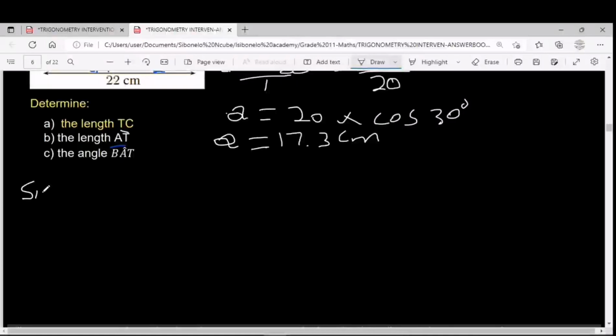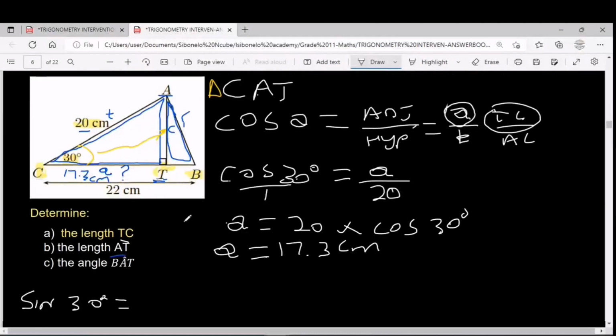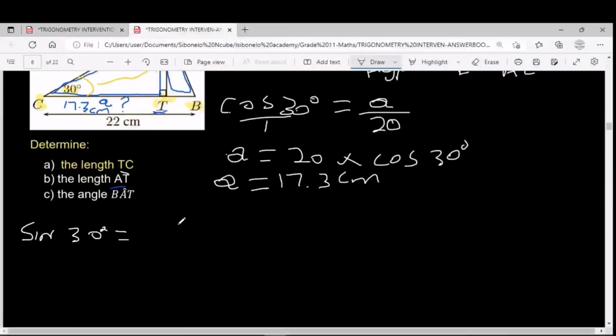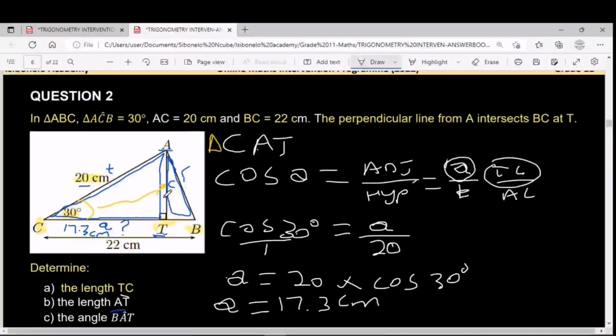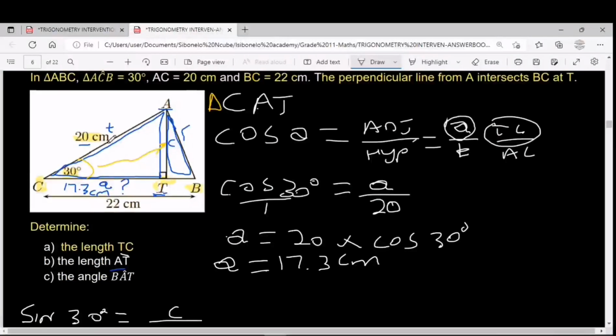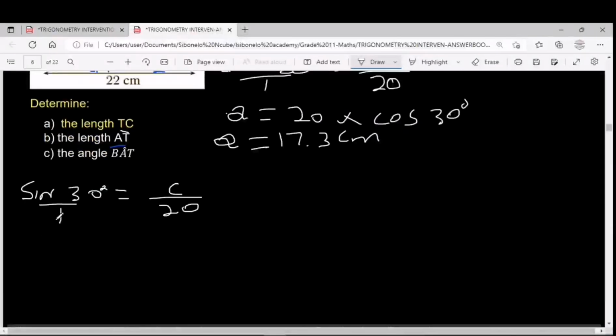So we will have sine 30 degrees equals opposite. The opposite we don't know, let's denote it with small letter c. So small letter c is the distance of AT that we want, over the hypotenuse, which is 20 meters. So 20, then there is a 1 there in the denominator.